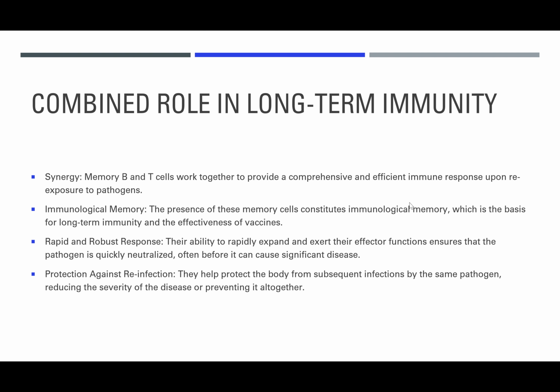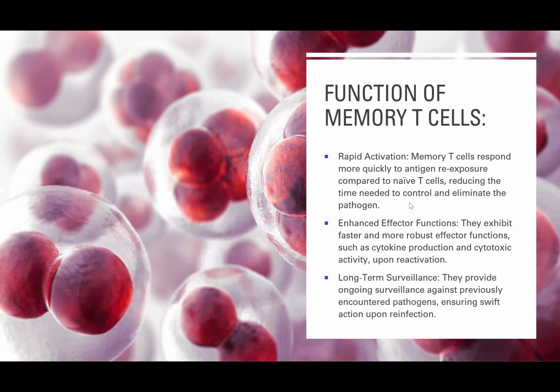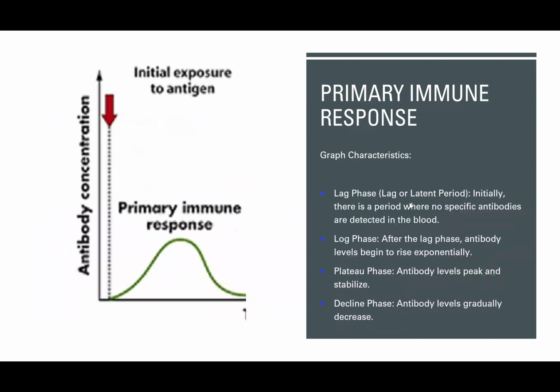It provides immunological memory as they will stay in the body for years and increases the effectiveness in case of re-exposure. That is the basis for proving the effectiveness of vaccines. They provide a more rapid and robust response to any re-exposure, and they protect against reinfection. That's generally the role of these memory B cells and memory T cells.